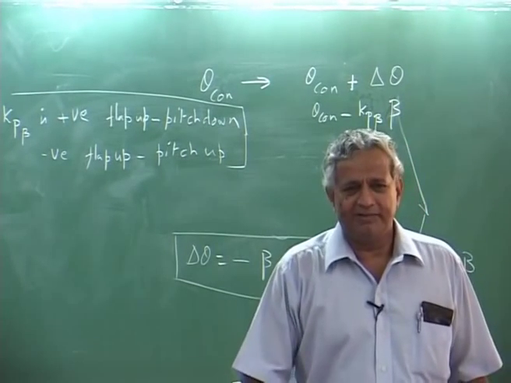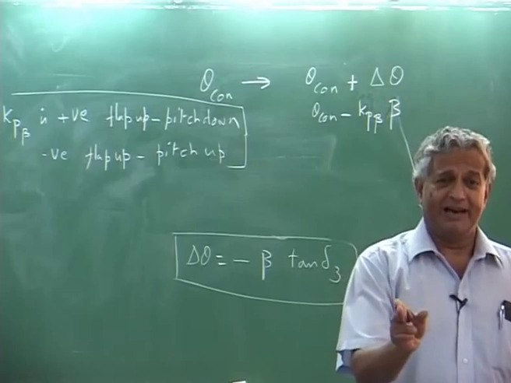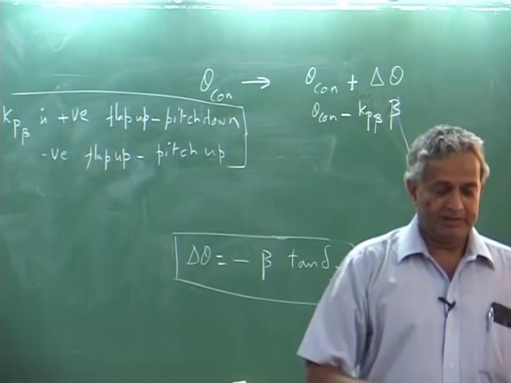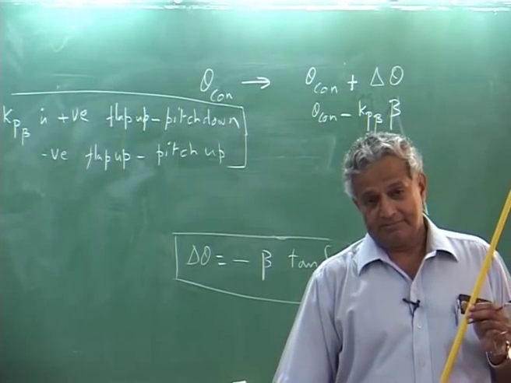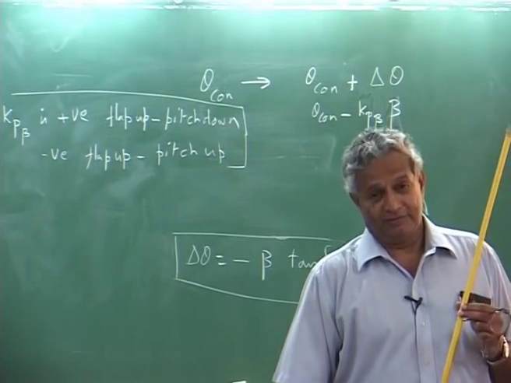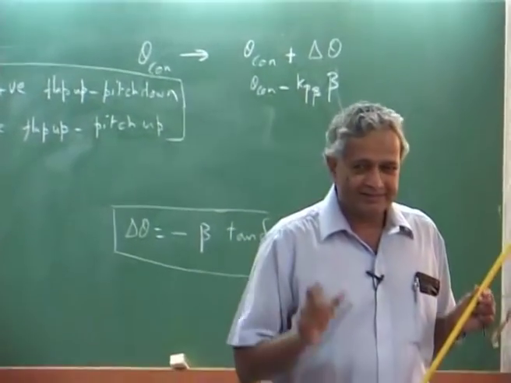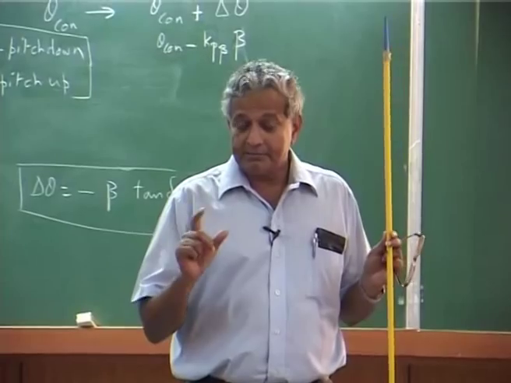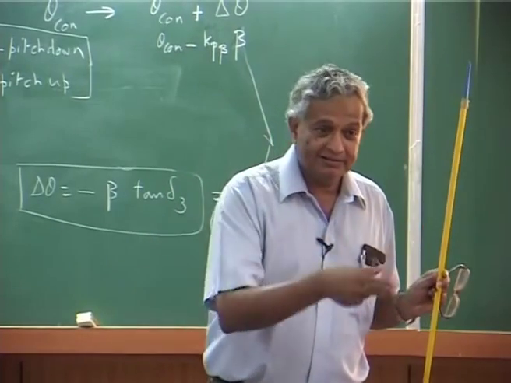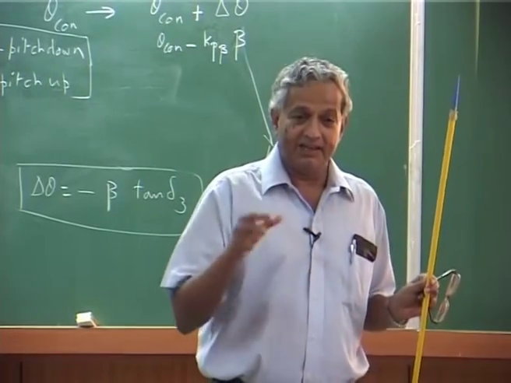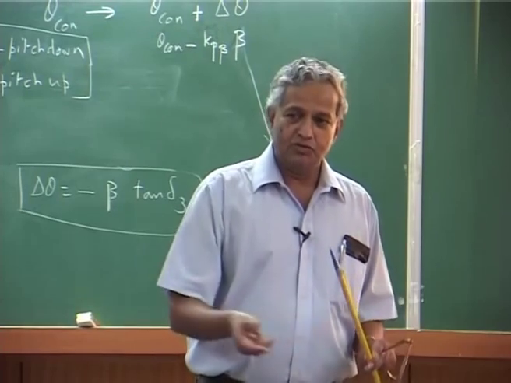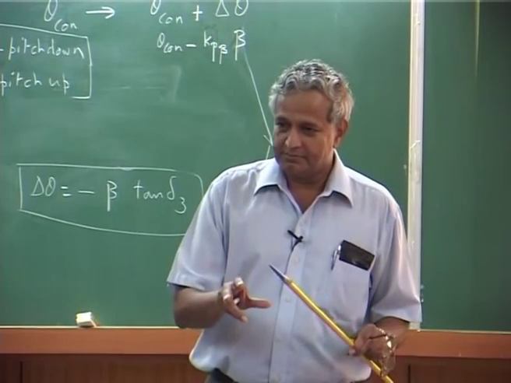Okay, it is not a small 5 degrees, 10 degrees, it is substantially large. But the lag pitch coupling is very powerful. So, all these couplings, please understand, create additional problems, additional effect into the dynamics of the blade.